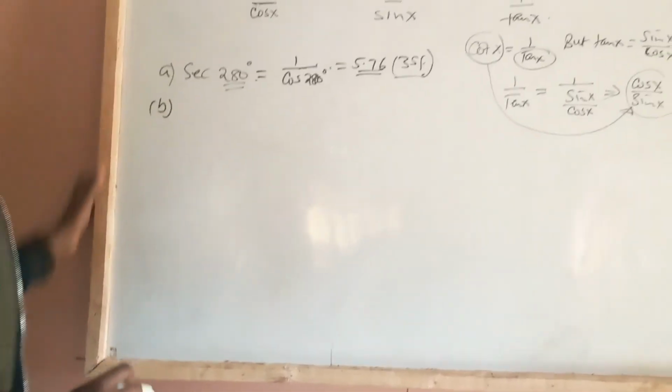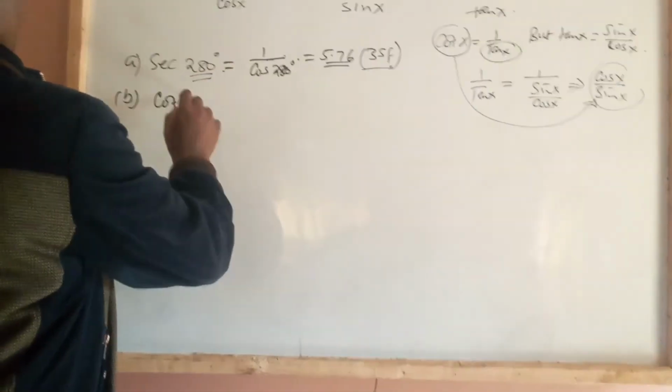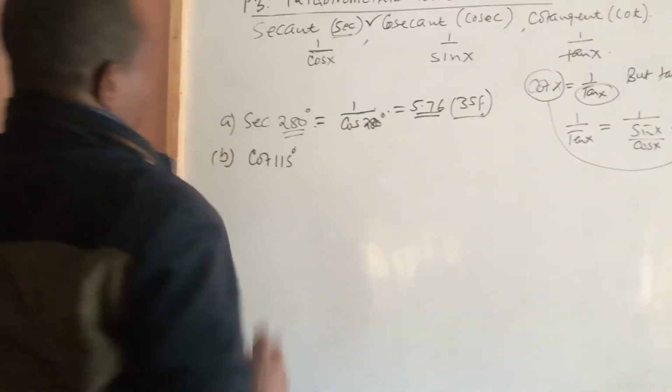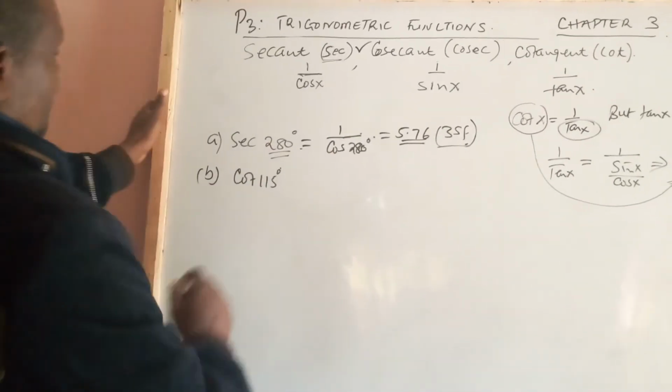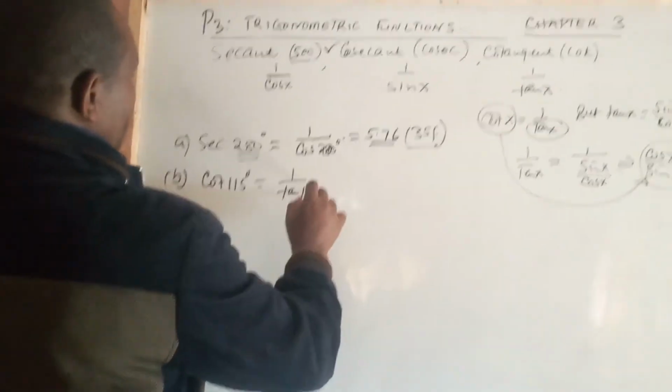Part B, we're going to talk about the cot of 115 degrees. This is simply 1 over the tangent of 115 degrees, as you can see here.